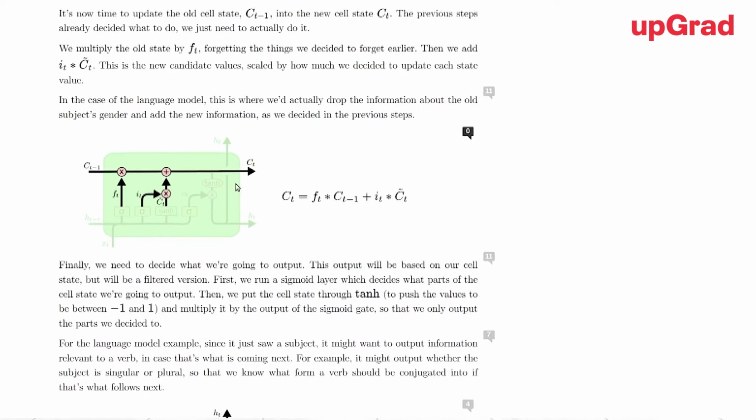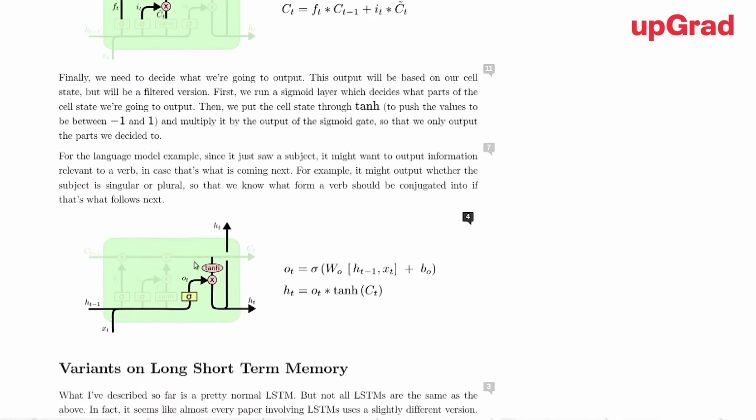Okay, and then there's one more layer. If you see here, the third one. So what is this? The output layer of the LSTM. Here again we have a sigmoid followed by multiplication with tanh. Firstly, what we are doing in this layer is filtering out the required data. Sigmoid again is 0 to 1, right?